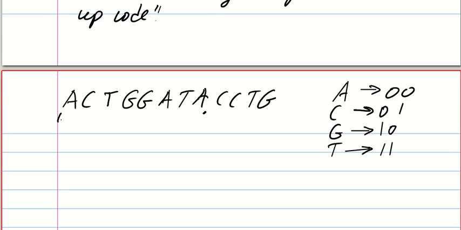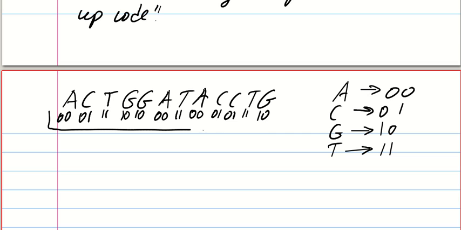So for A, we're going to put 0, 0. For C, we're going to put 0, 1. For T, we're going to put 1, 1. For G, we're going to do 1, 0. So the sequence becomes 0, 0, 0, 1, 1, 1, 1, 0, 1, 0, 0, 0, 1, 1, 0, 0, 0, 1, 0, 1, 1, 1, 1, 0.